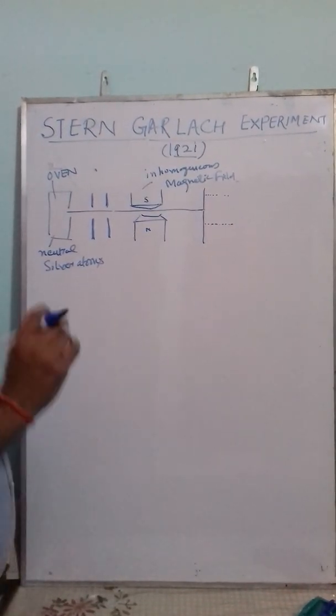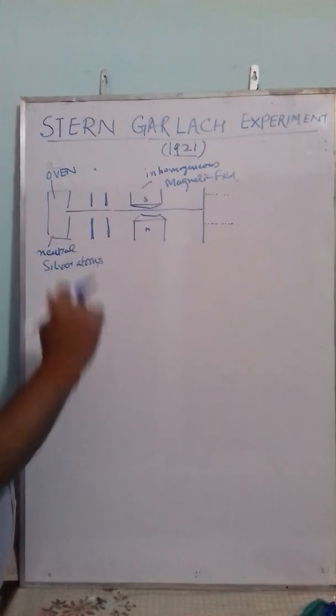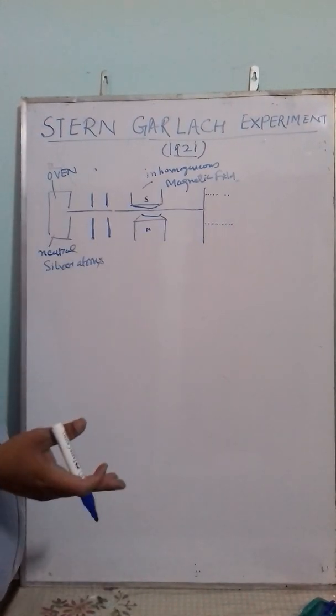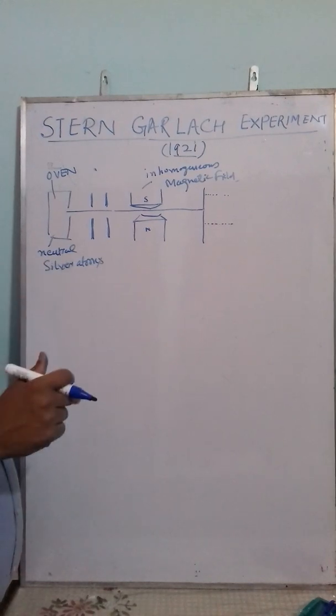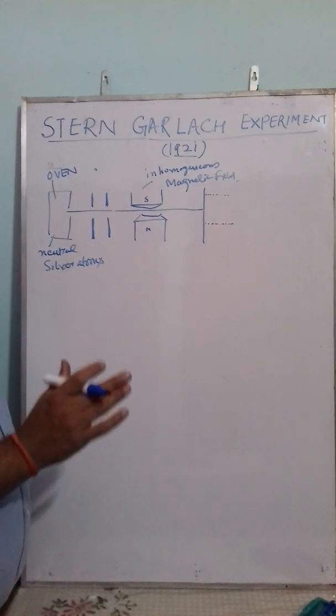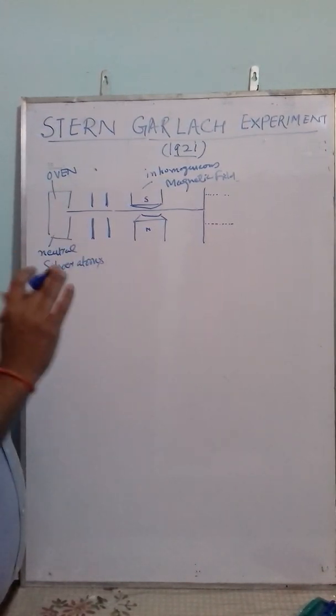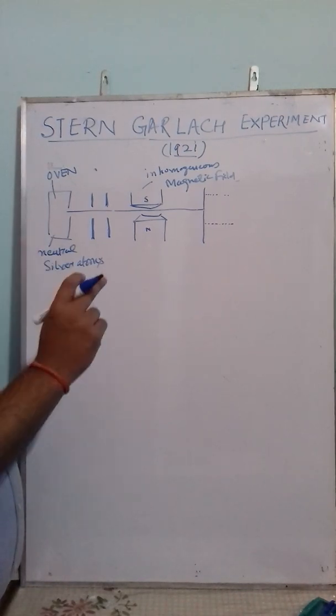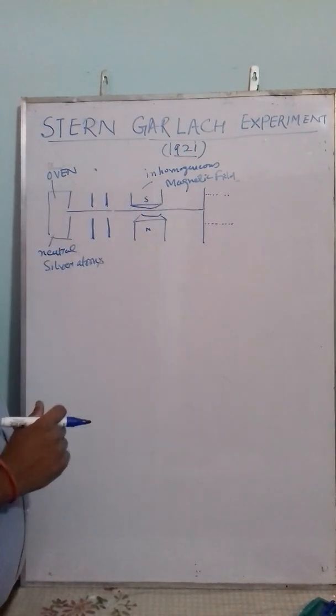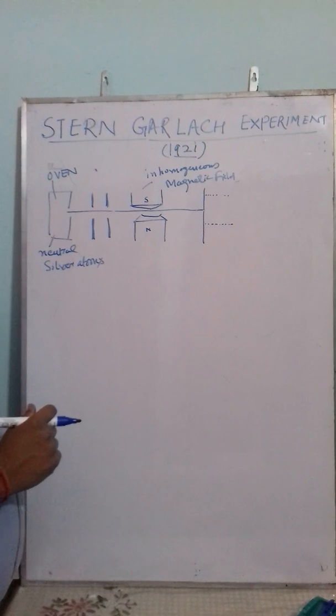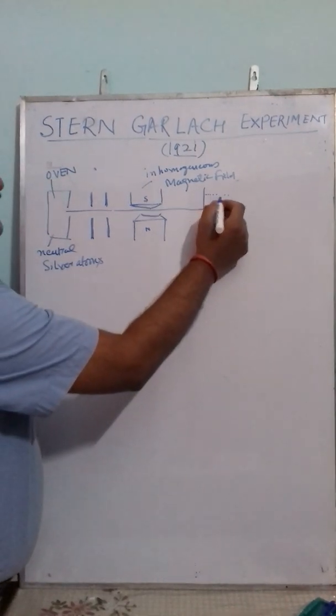Suppose the atoms had all possible orientations, then what would the result have been? If the atoms were in all possible orientations, then after passing through this magnetic field, they would have formed a band rather than traces.